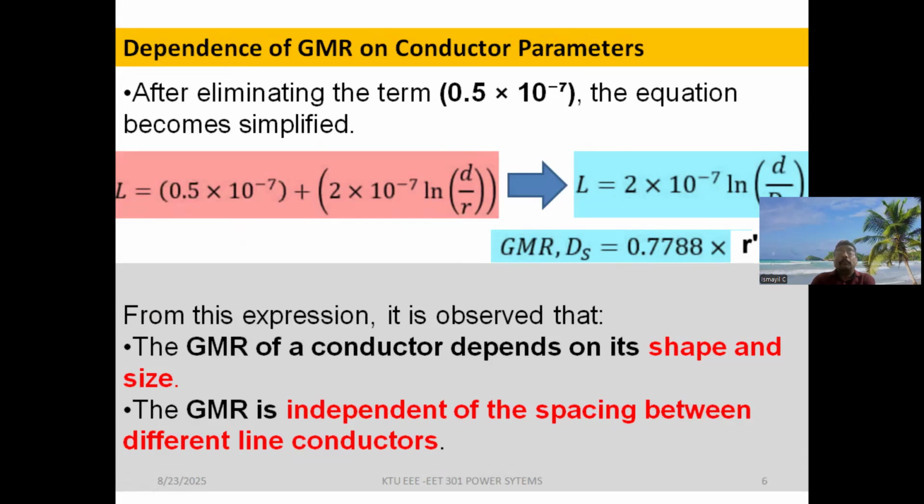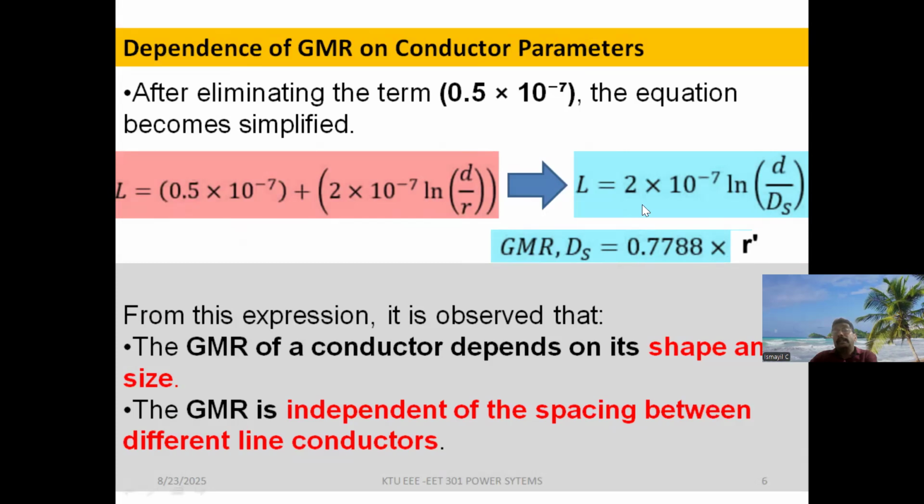By eliminating the first term in the inductance equation, the equation becomes very simple: L equals 2 into 10 raised to minus 7 ln d by Ds, where d is the distance from one conductor to the second conductor in a single phase case, and in the three-phase case it is the equivalent distance or GMD of the transmission line, which we will explain later.